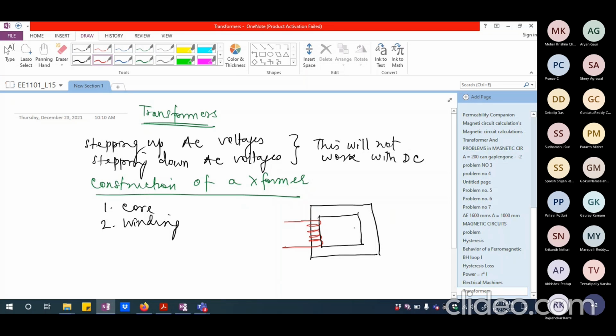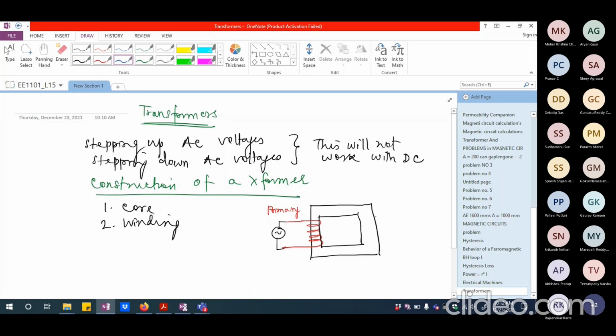We'll talk about the construction in greater detail a little later, but this is going to be my primary winding, to which I'm going to apply the AC voltage that I want to step up or step down. So this is the AC voltage that is being applied here.